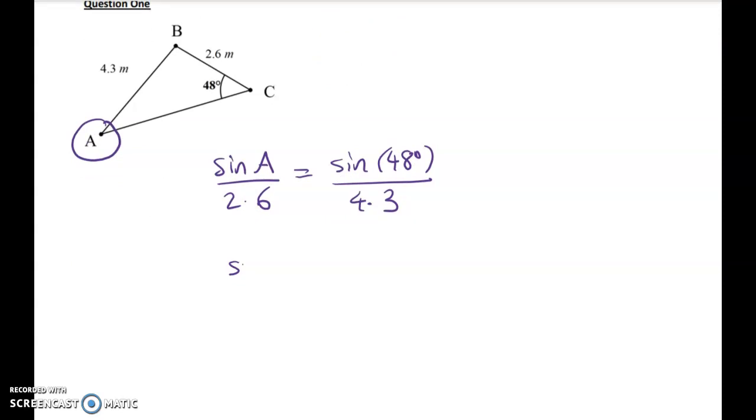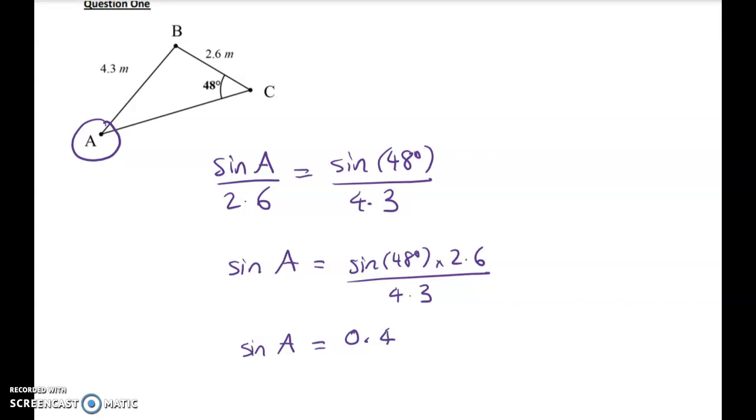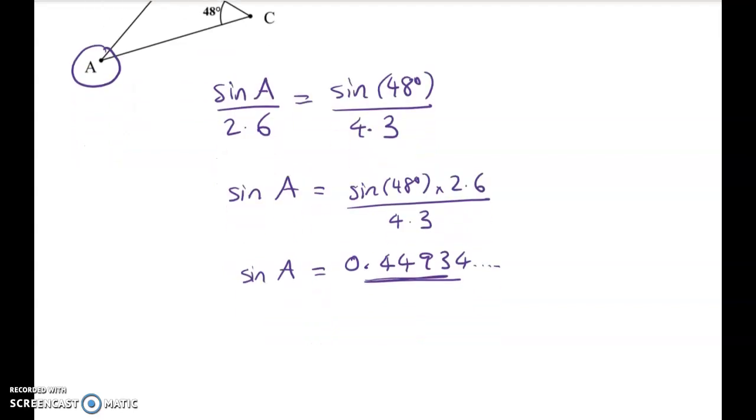When I rearrange that, this is what I get: sine of 48 degrees times 2.6 divided by 4.3. When I put that into my calculator, the number that comes out is not my answer. It's sine of A, right? And that's a decimal. So 0.44934, and so on. Do not round this too hard or things are going to go wrong. And you're going to hold that answer in your calculator.